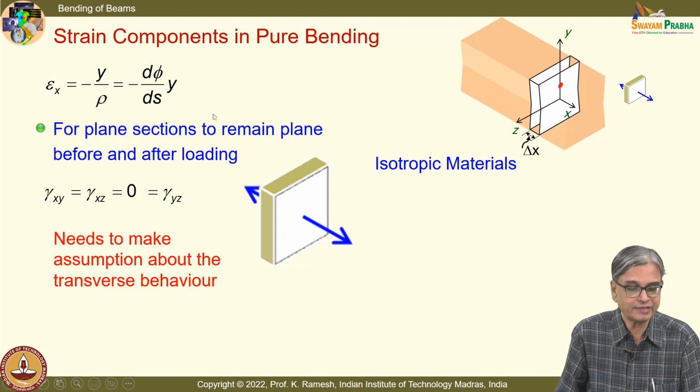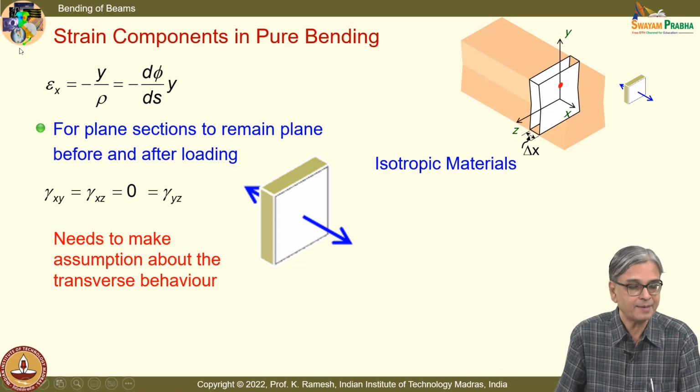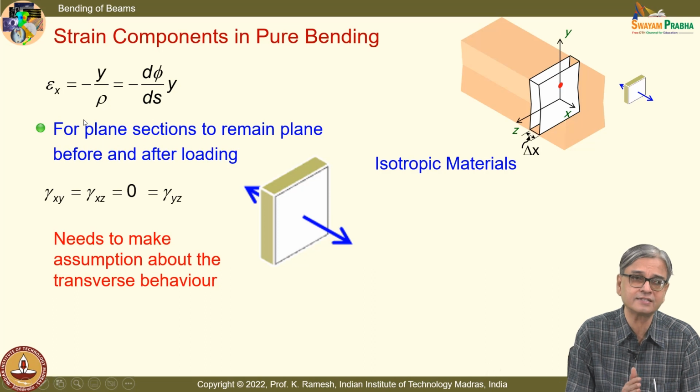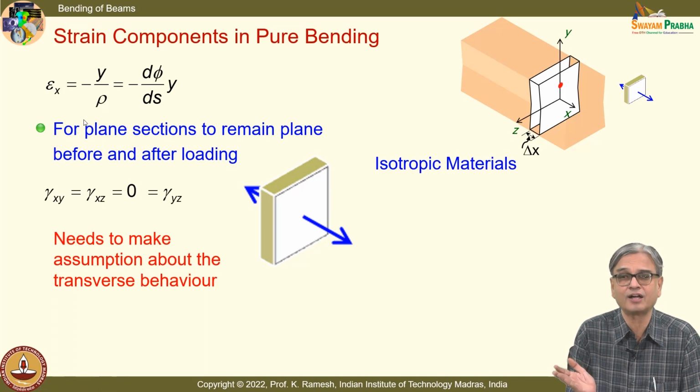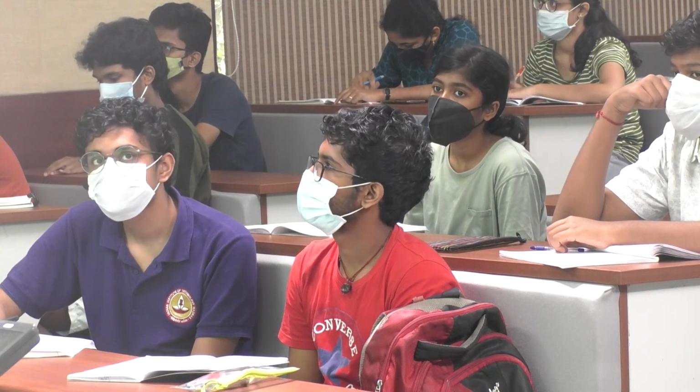And you should tell me the complete expression for strain in terms of stresses. When I write epsilon x in terms of stresses, what all will I have on the right hand side? Epsilon x can be contributed by sigma x, sigma y as well as sigma z. Never forget that.